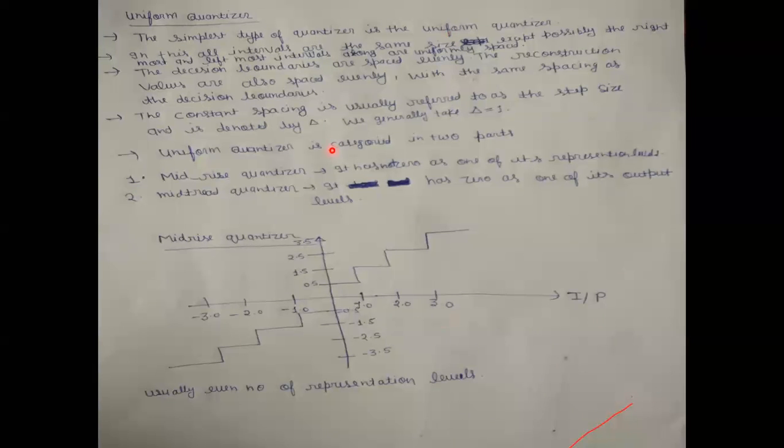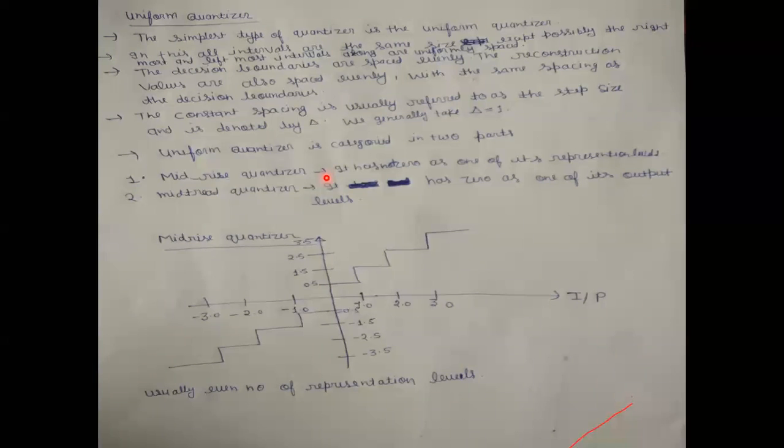In the uniform quantizer, the decision boundaries are also spaced evenly, and the reconstruction values that the decoder generates are also spaced evenly. Means all the things in the uniform quantizer, that is the intervals, the decision boundaries and the reconstruction values, are evenly spaced.